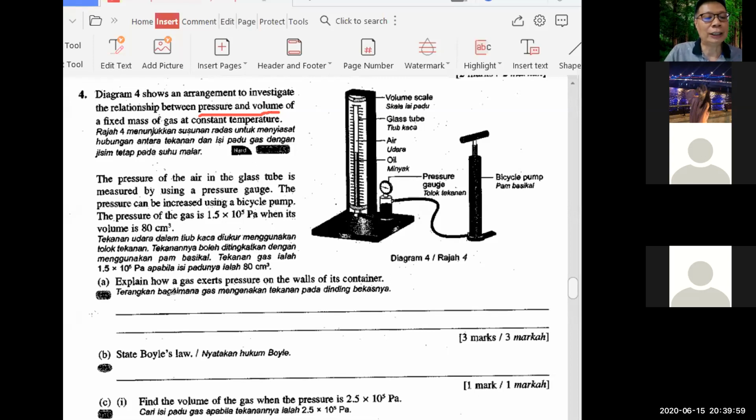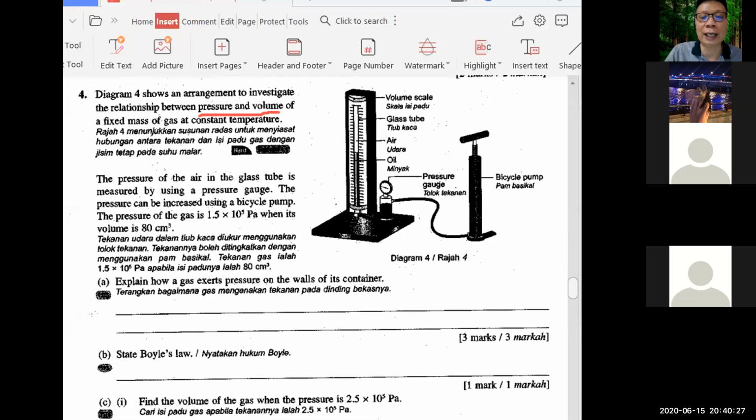Explain how gas exerts pressure on the wall of a container. This one you also know now. You must talk about the movement of the gas molecules. Gas exerts pressure means gas moves randomly. When they move randomly, they will collide with the wall of the container and so on, right?